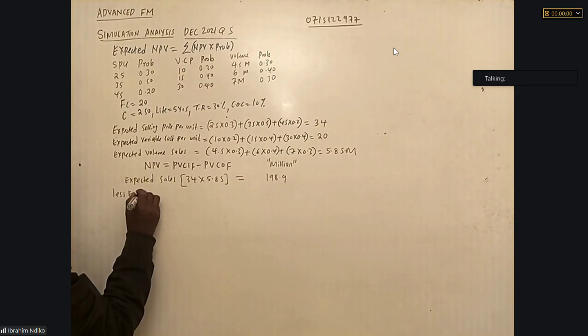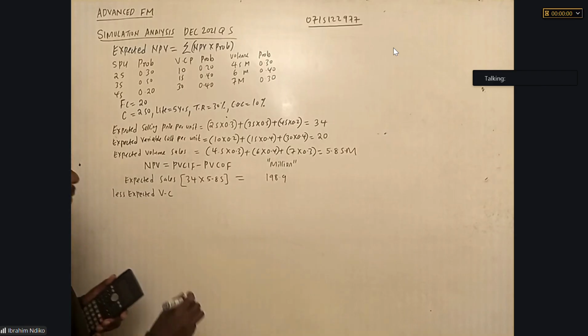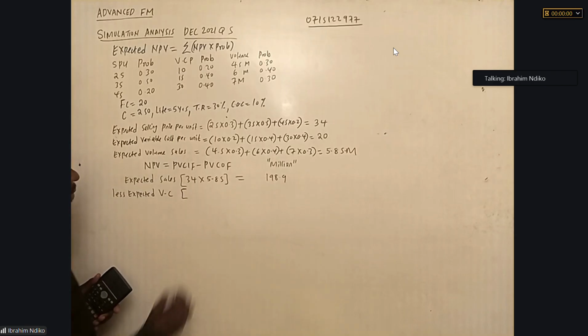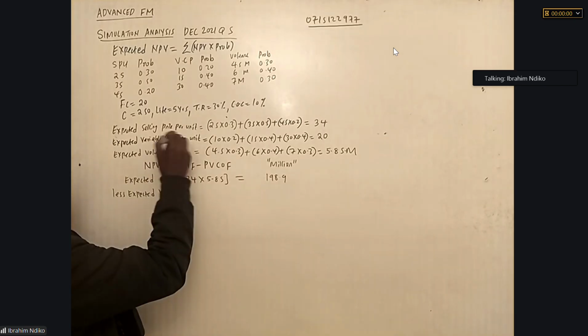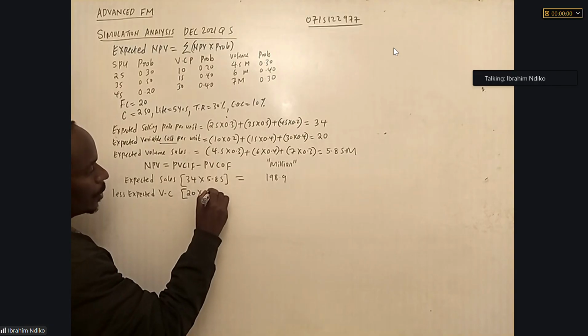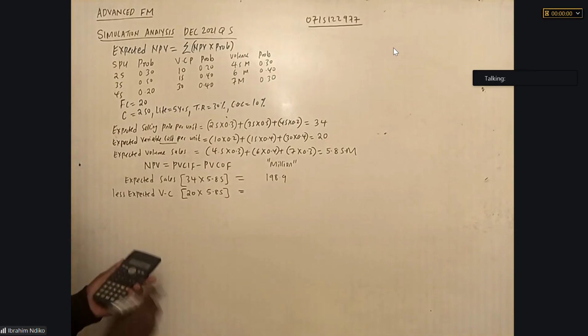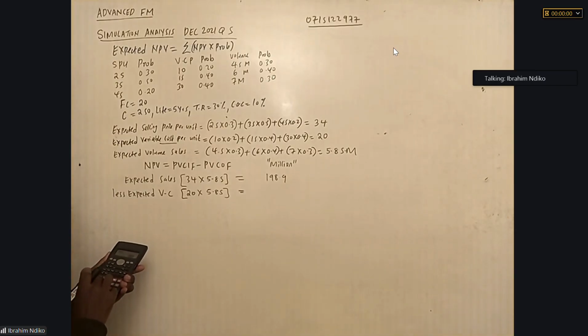We less. What are we supposed to less? Expected variable cost. Sivyo? Today hapa 20 per unit. How many units? 5.85. Ni kweli? Yes.